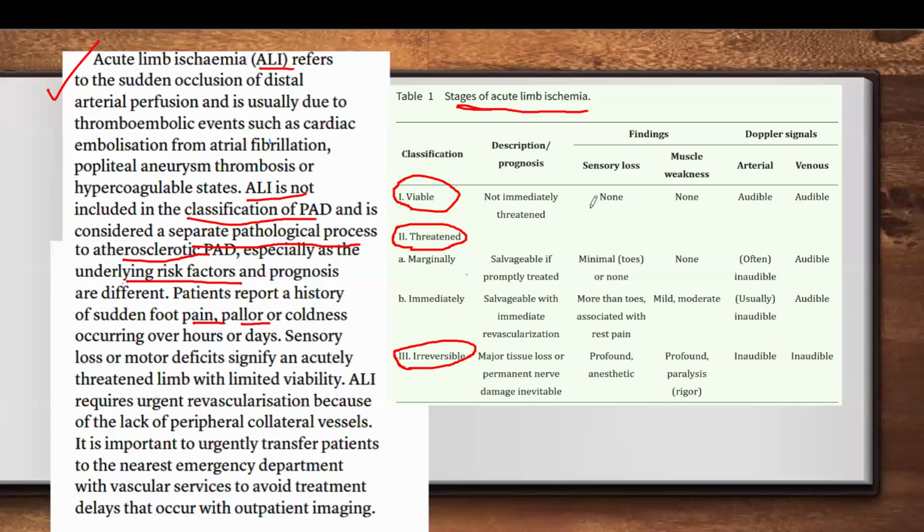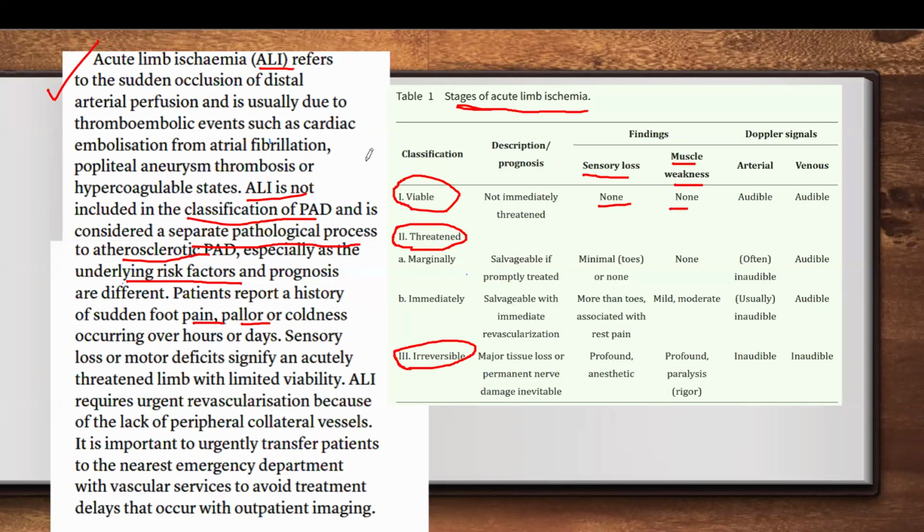Okay, how will we differentiate? The important points you can see here are sensory loss, which is the paresthesias, and muscle weakness, which you can also call paralysis. Of the 5 P's, paresthesias and paralysis are the most important ones, which help us differentiate whether the limb is viable, threatened, or irreversible damage has been done. In a viable limb, there is no sensory loss and no muscle weakness.